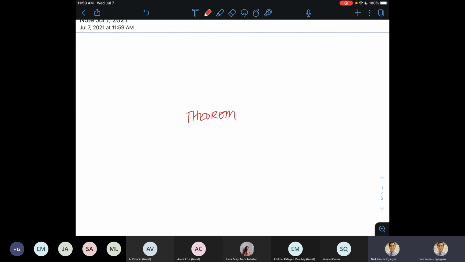Meron pa nga dapat before the theorems, you have your definitions of terms. Of course, this is self-explanatory. Definitions attach meaning to some objects in our universe of discourse. But a nice or good definition has two parts. It should have a genus and a differentia.